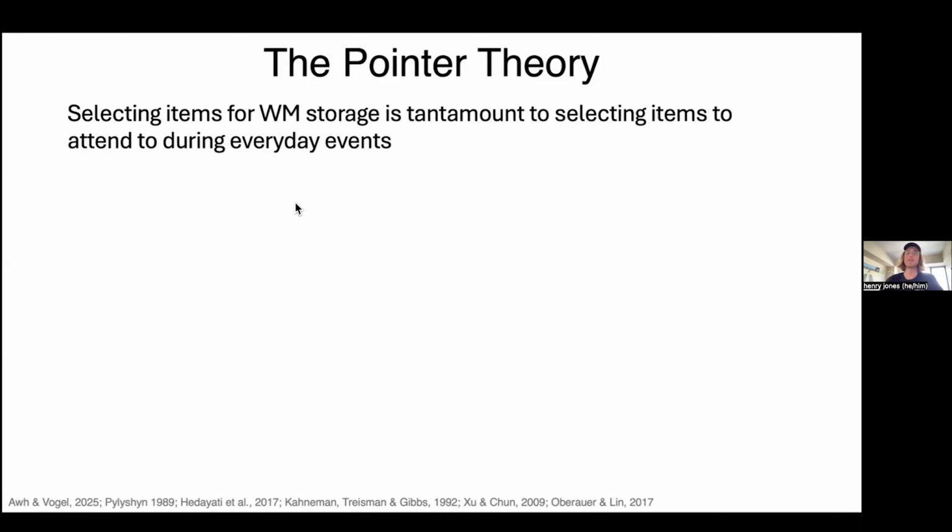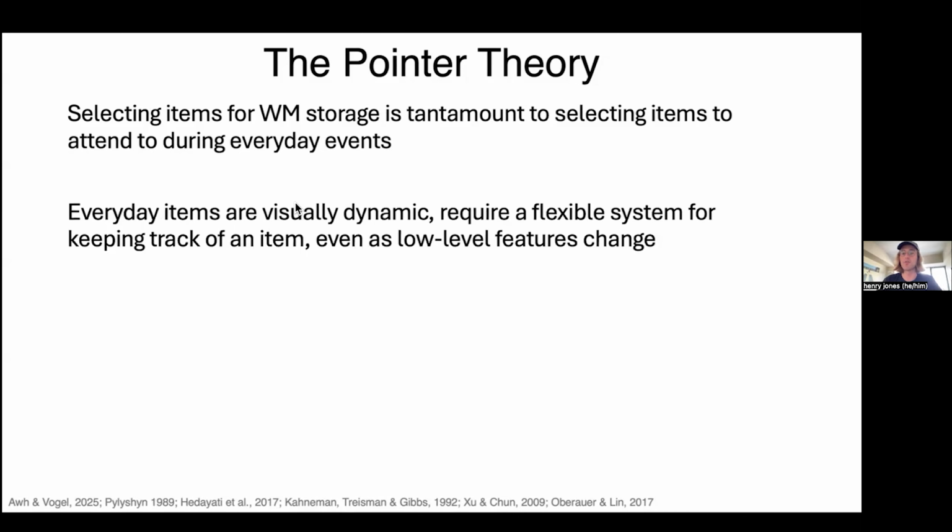One is that selecting items to store in working memory probably shares mechanisms with selecting items to pay attention to during normal everyday events. And two, everyday items are visually dynamic and require a flexible system to keep track of each item, even as the low-level features may change. For example, we can keep track of this ball even as it changes in color and location, while still recognizing it as the same ball.